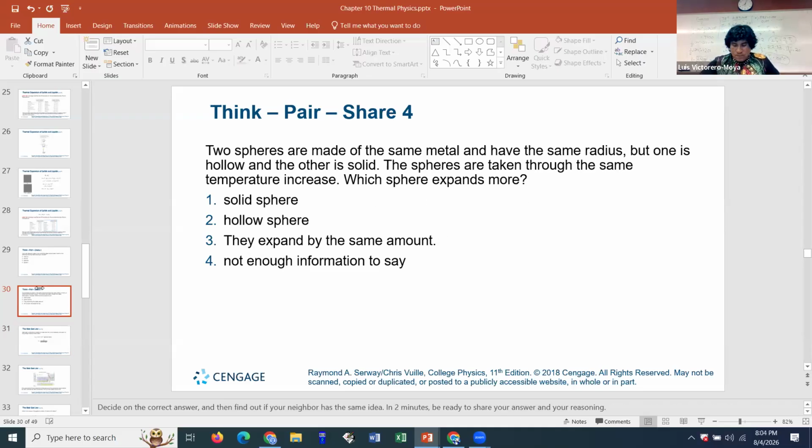Now let's review. Temperature is a parameter that is used a lot to study gases. And eventually we're going to use it to study the idea of heat. And today we're also going to see the idea of internal energy.